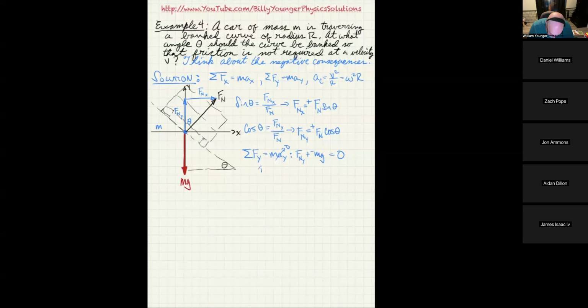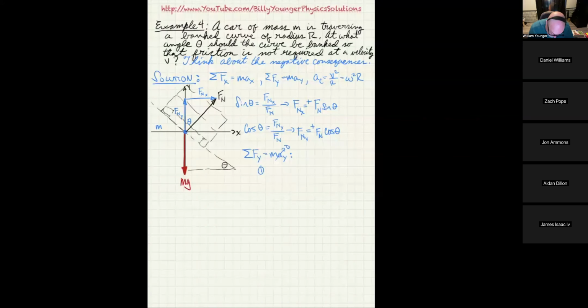So this gives us equation 1, Fn sub y is equal to mg. Or actually, more specifically, I should have written, let me go ahead and do that. Sorry, I should have substituted what I knew Fn sub y is.